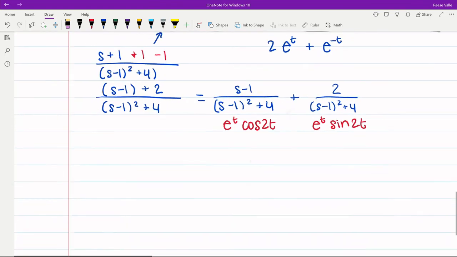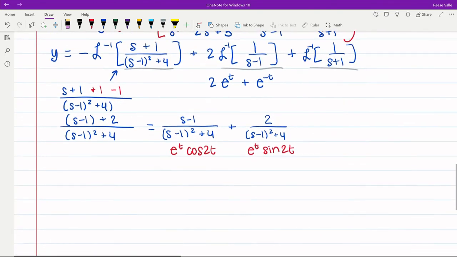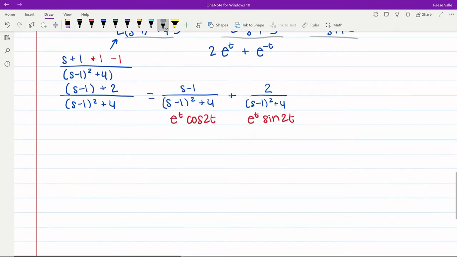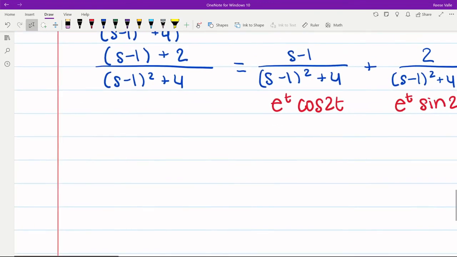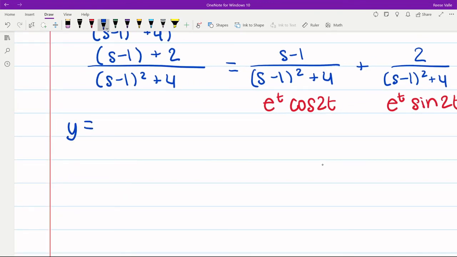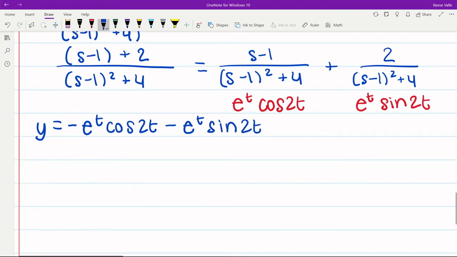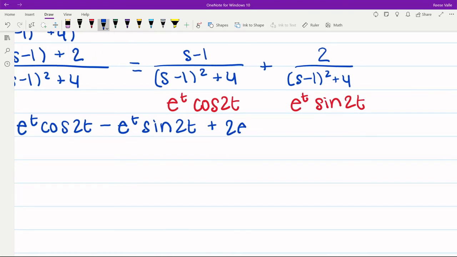That's how you differentiate the two. So we're going to rewrite our big old answer. Don't forget the negative on here. So the answer equals negative e to the t cosine of 2t minus e to the t sine of 2t plus 2e to the t plus e to the negative t.